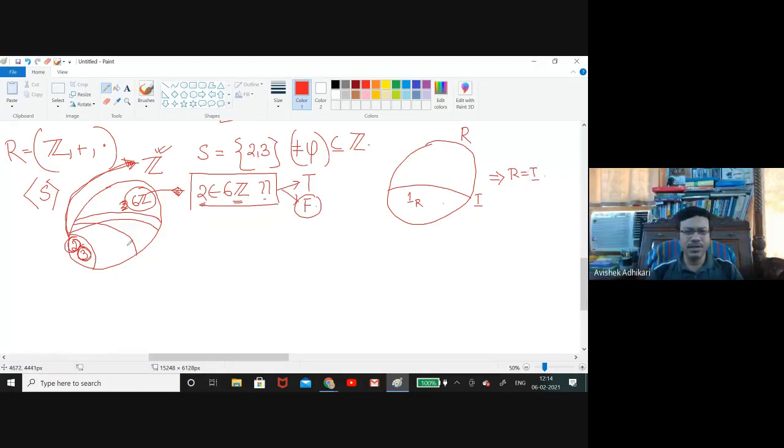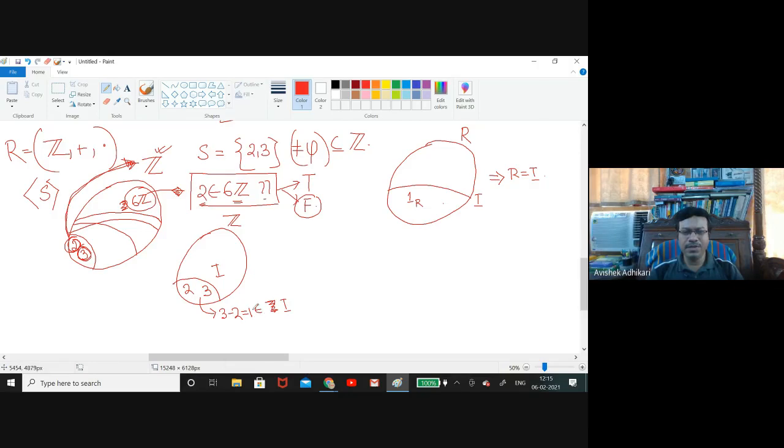So here, if some ideal of Z will contain both 2 and 3, then from the property of ideal, A minus B will also belong to I, right? So 3 minus 2, that is 1, should also belong to I, right?